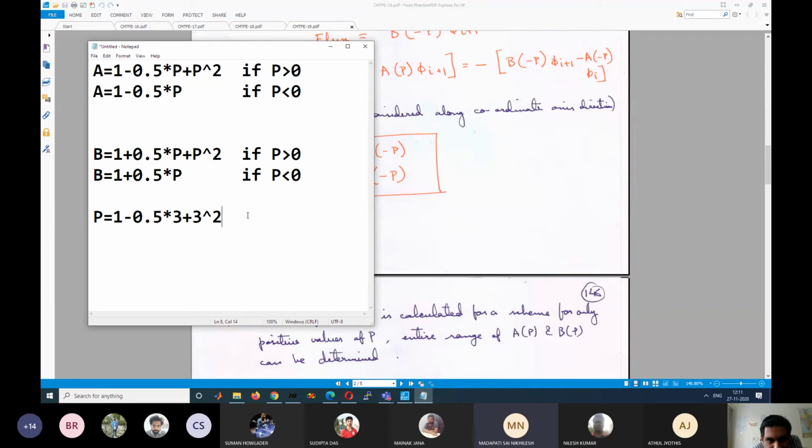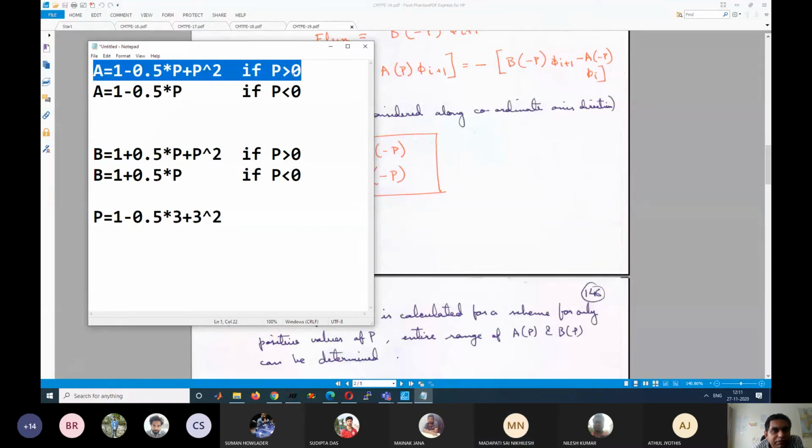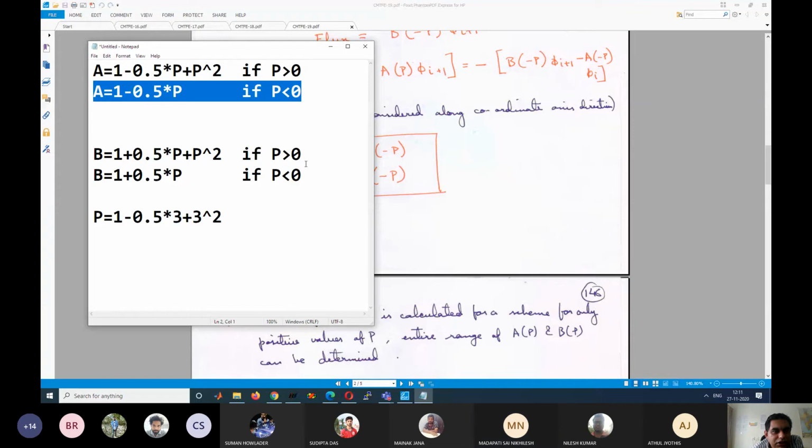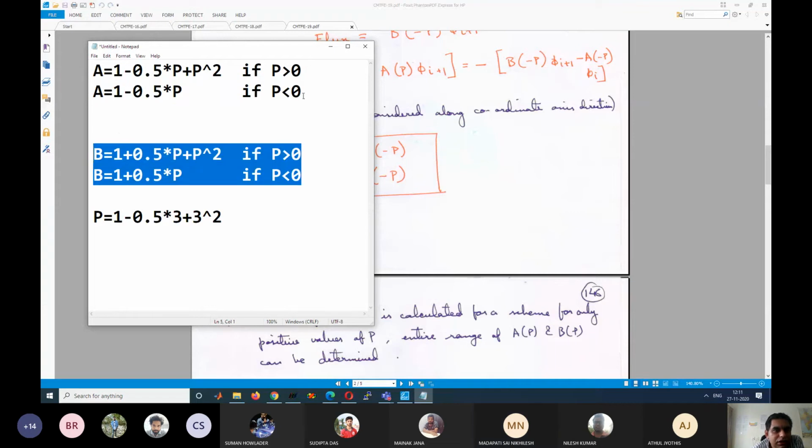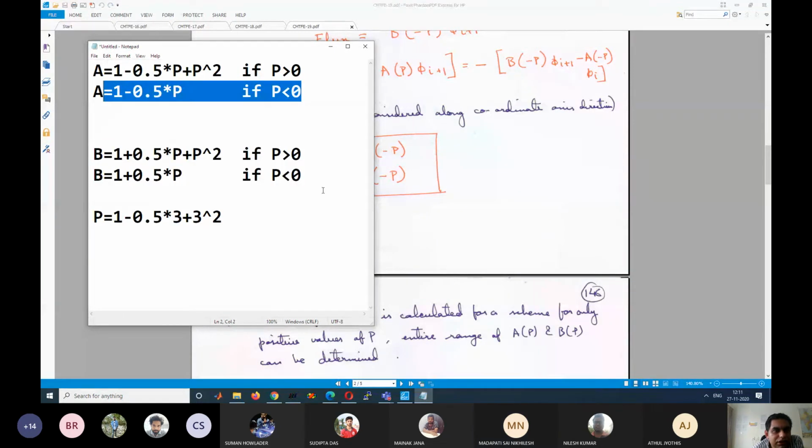So we are calculating the value of A, right? And we only know this equation for the positive Peclet numbers. We don't know this equation or any other equation.